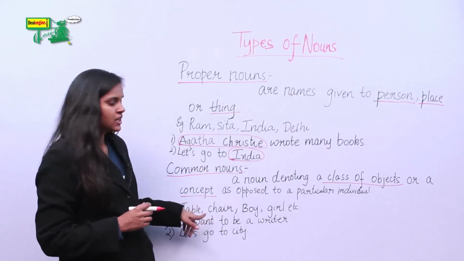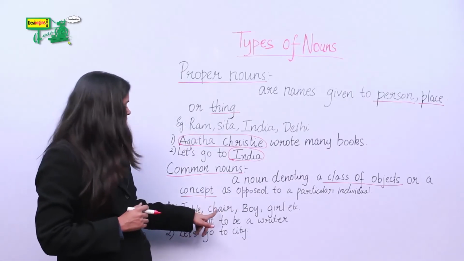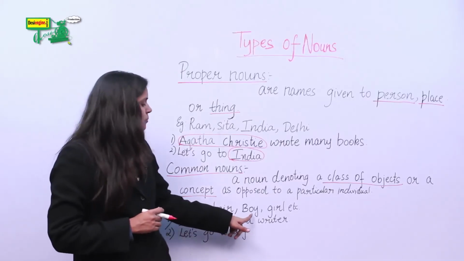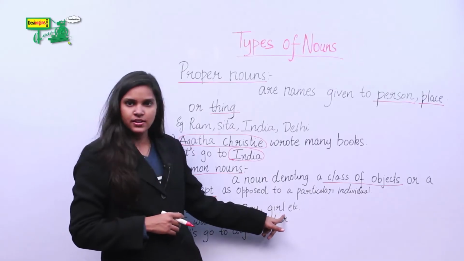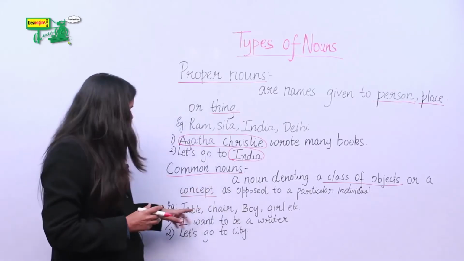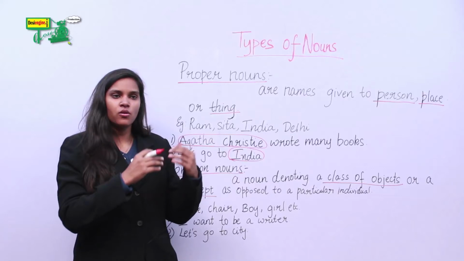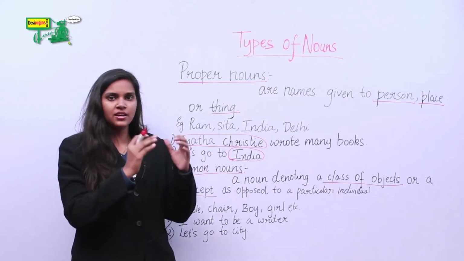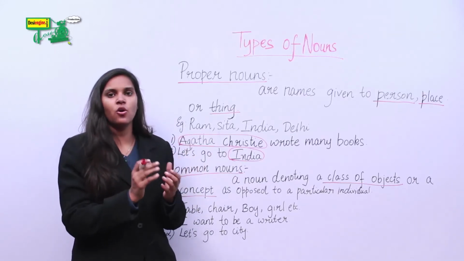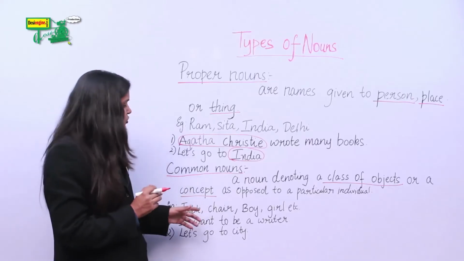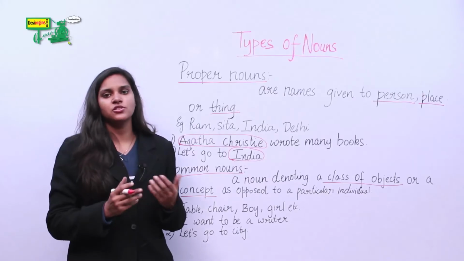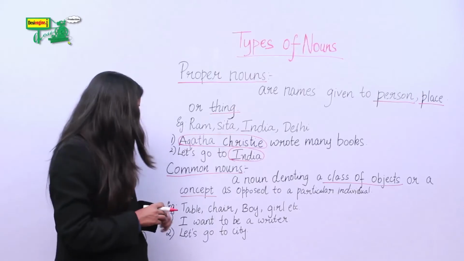That is, table, chair, boy, girl, etc. The category table, we can talk about the different kinds of tables and can club it under the category of table. So let's do a few sentences where we will try to find out the common nouns.